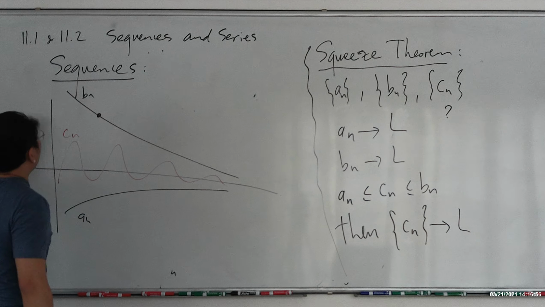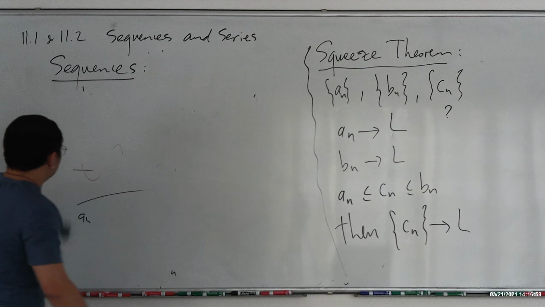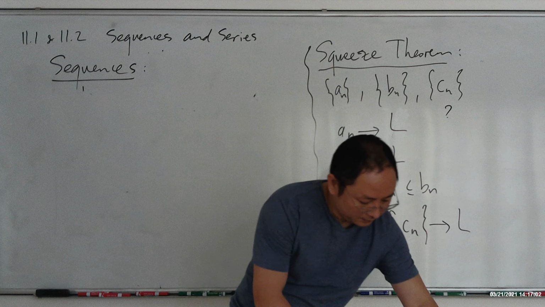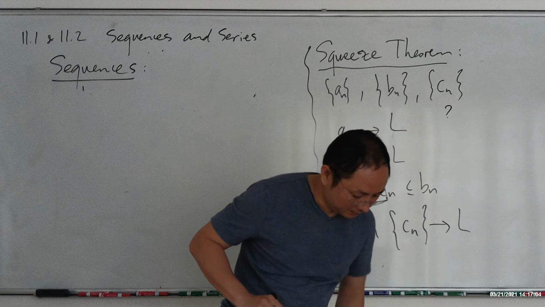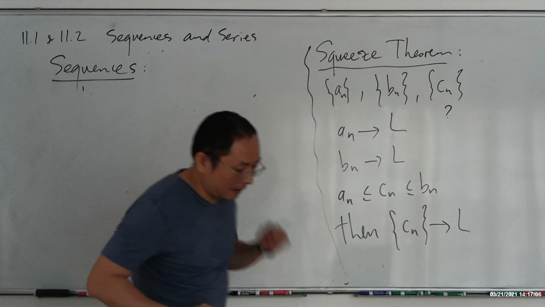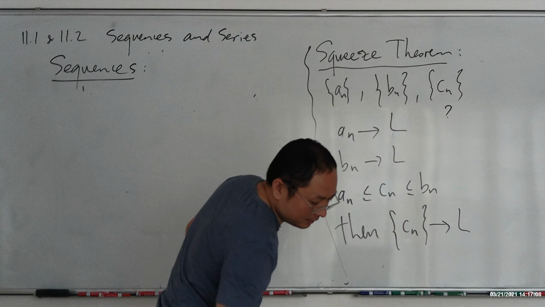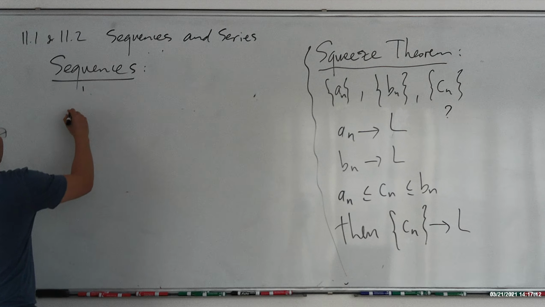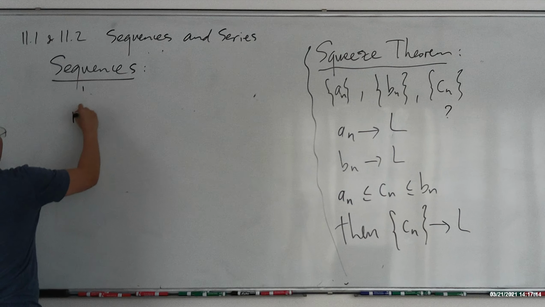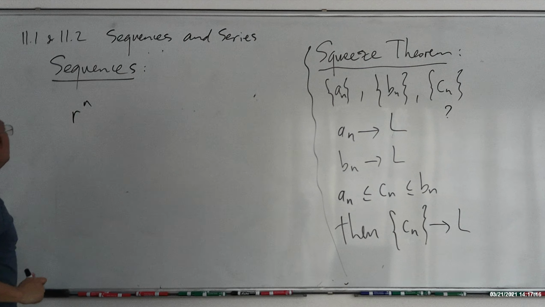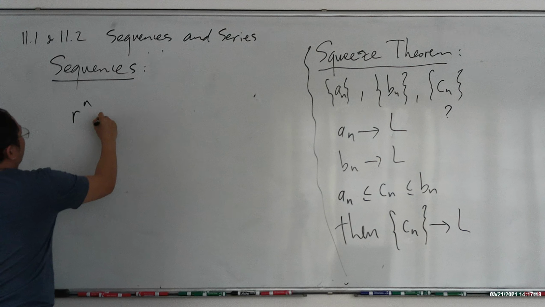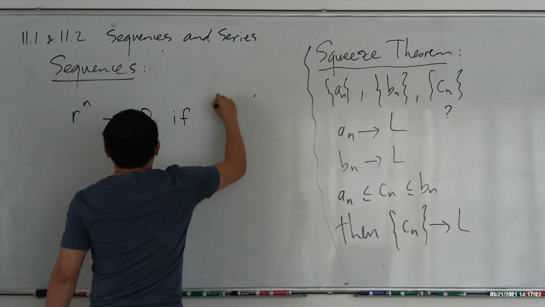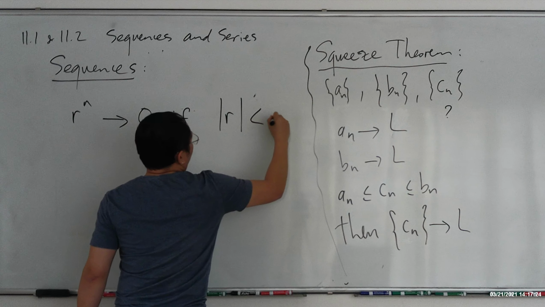This is a recall, I think, the geometric sequence. We have this, r to the n, okay? R to the n is going to converge to 0 if the absolute value of r is less than 1.